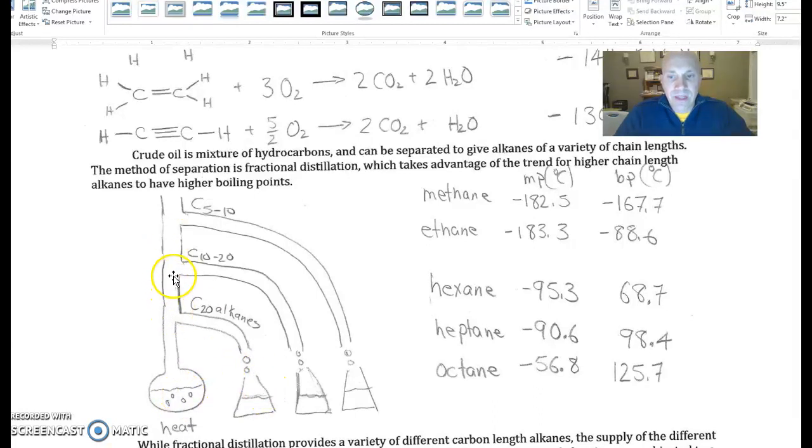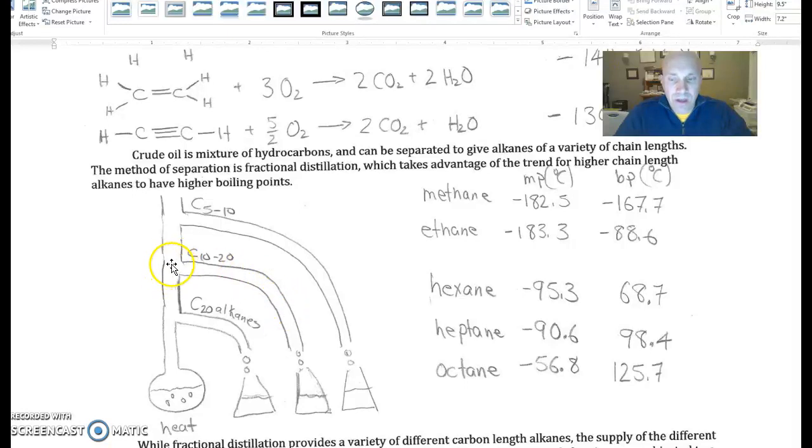Things that have intermediate chain lengths, well, things that were liquid here, remember that's still going to be a hot liquid. And that hot liquid, if it were to contain some of these smaller chain length molecules, would cause those to stay in their vapor form, and they would continue to go up the column until they would turn into a liquid here and drain down.